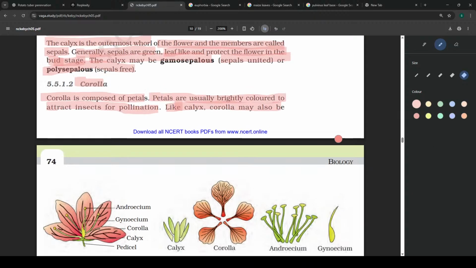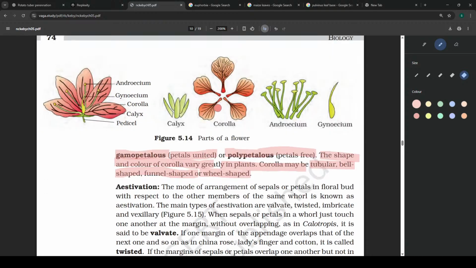Okay, corolla is basically the petals, and they are usually bright colored and attract insects. Similar to how calyx was classified into gamosepalous and polysepalous, corolla can also be classified into gamopetalous and polypetalous. In gamopetalous, petals are united, fused.